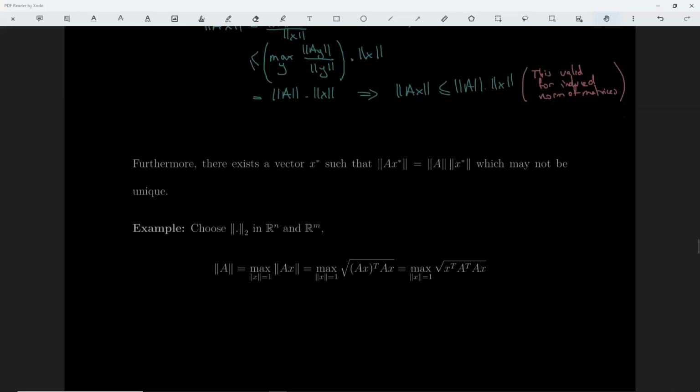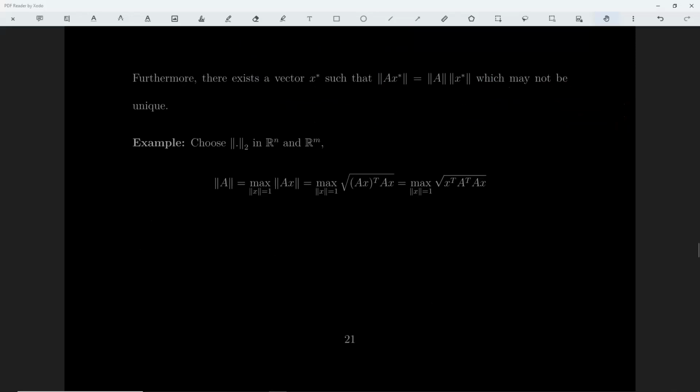And there is another example. So how are we going to apply the definition of induced norm in different choices? The example says that we would like to define an induced norm for n by n matrices, and we choose the L2 norm in Rn and Rm.